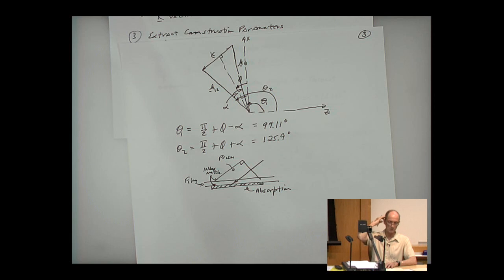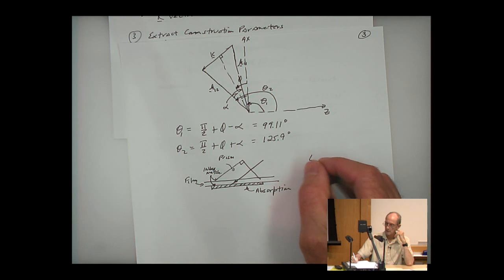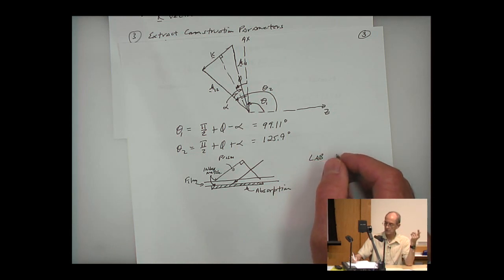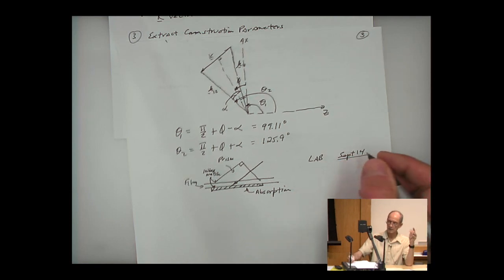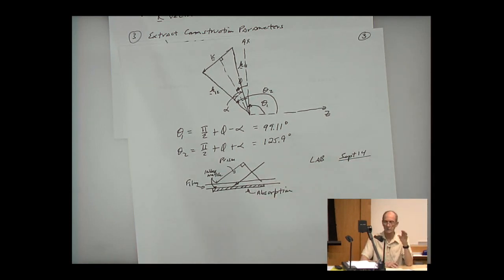If you look on the D2L website, I posted lab 1 for you to have a look at. We will probably do lab 1 not next week, but the following week, which I think is the week of September 14th. Next week, I'll go over the lab and we'll set up the lab groups.